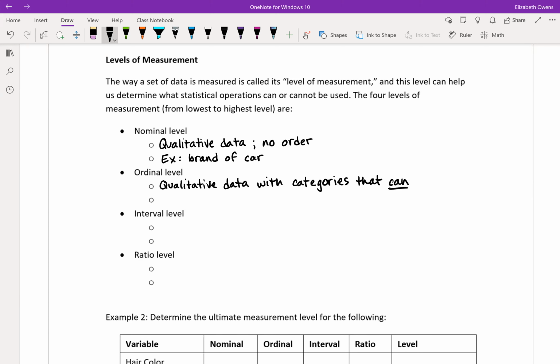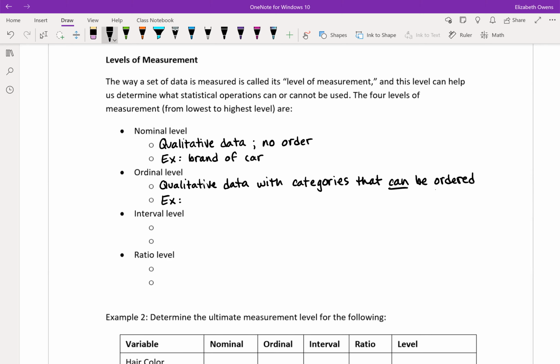So it's like we're gaining this new characteristic at this level of measurement. We still have qualitative data like the nominal level, but we have gained the ability to order the categories at the ordinal level. Ordinal, order, memory device.